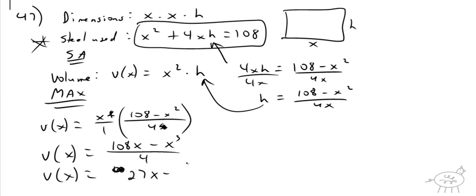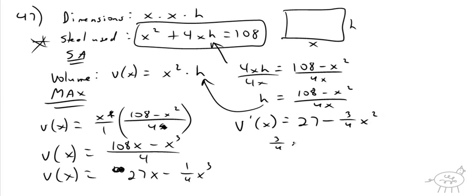Oh man, that's so nice. Minus 1/4 x cubed. Man, that is so much nicer than trying to deal with a brutal, just a brutal problem. So now I can do V prime of x is equal to 27 minus 3/4 x squared.